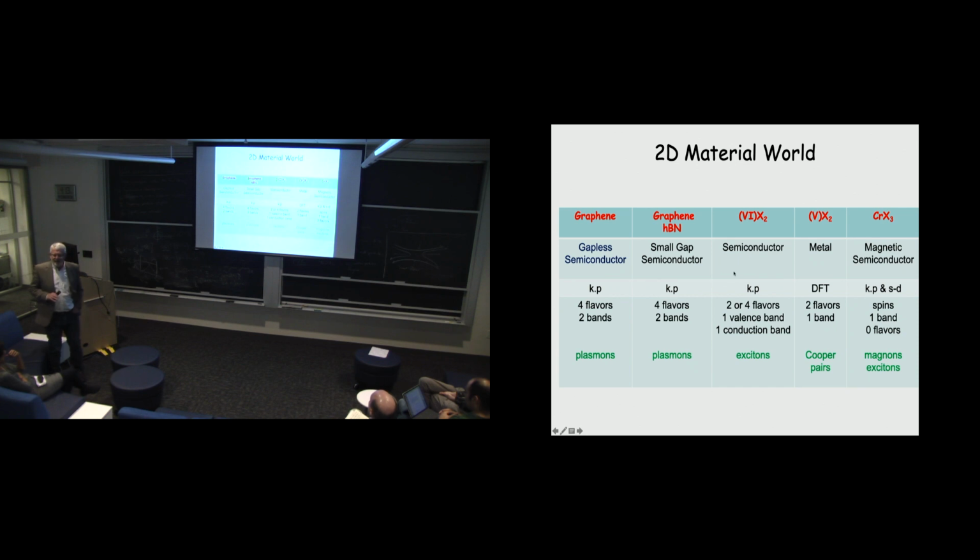The Moiré superlattices that I'm talking about are made from two-dimensional crystals. Pairs of two-dimensional crystals, or in general, you might be able to stack more than two, form a Moiré pattern, either because the two crystals have slightly different lattice constants, or because they're twisted relative to each other by a small angle.